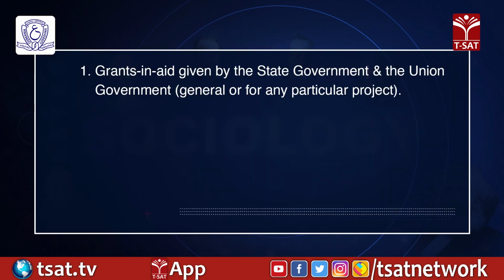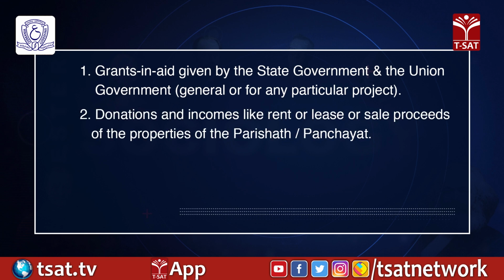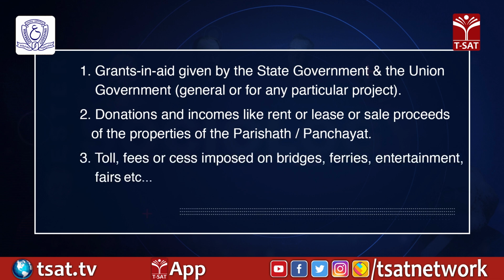The sources of income of the Jilla Parishad or district panchayat are: number 1, grants in aid given by the state government and the union government. Number 2, donations and incomes like rent or lease or sale proceeds of the properties of the Parishad or Panchayat. Number 3, toll, fees or cess imposed on bridges, ferries, entertainment, fairs, etc.